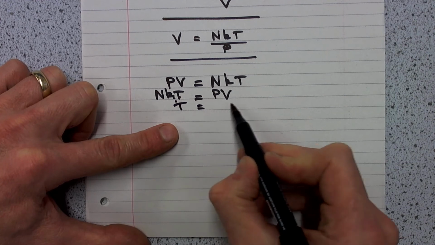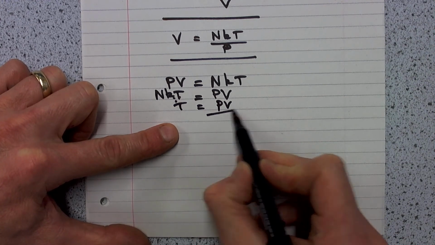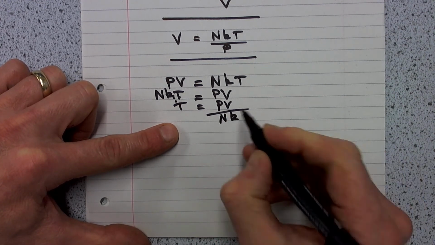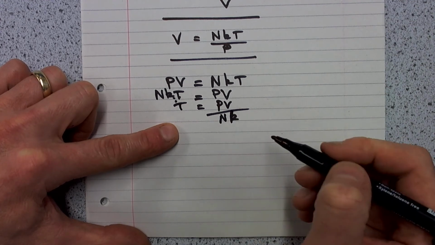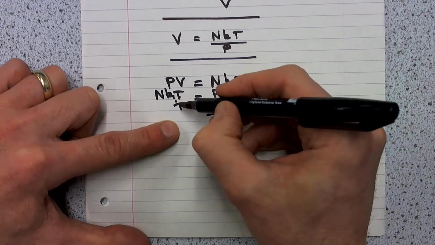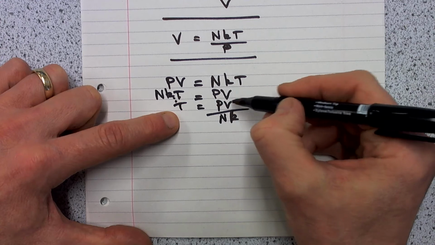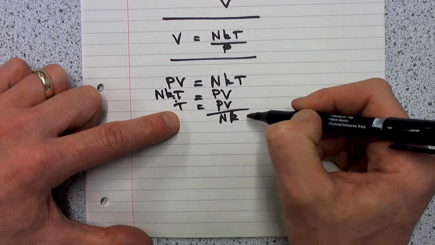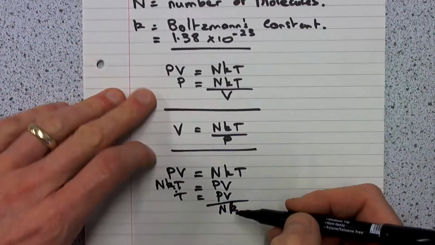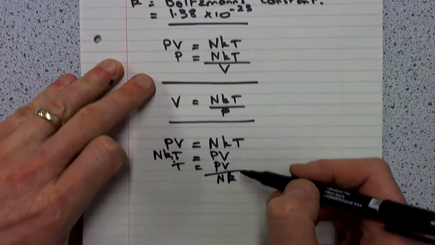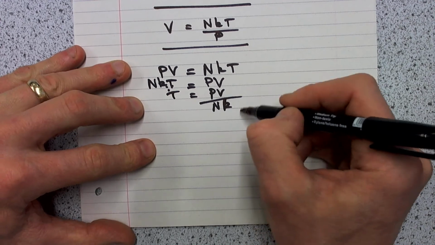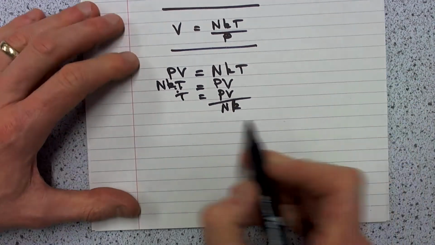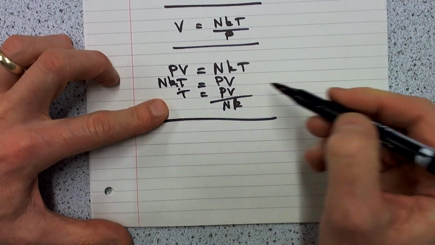That leaves T on its own, the PV stays where it is, and I get N times K on the bottom. So to work out the temperature in Kelvin, I multiply the pressure by the volume, and then divide it by the number of molecules times Boltzmann's constant. You might want to put brackets around that if you haven't got a fraction key. That's how you work out the temperature.